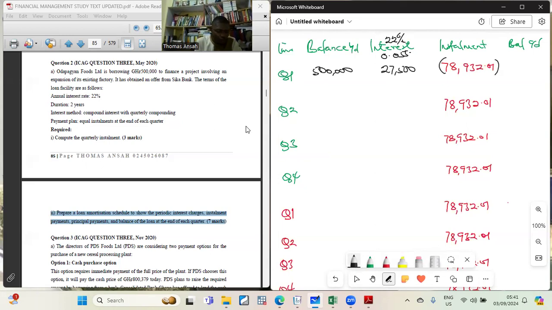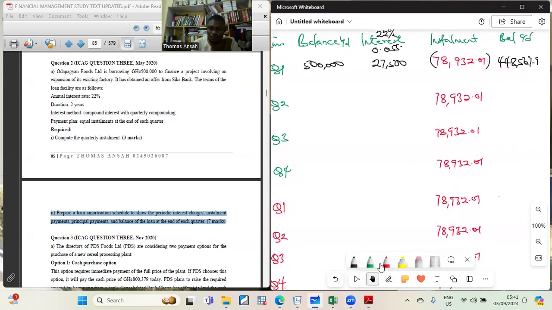So what I do is that plus 500,000 minus 78,932.01. So by the end of this period, I have 448,567.99 to pay. That is what I have to pay. And balance carried down will be 448,567.99.